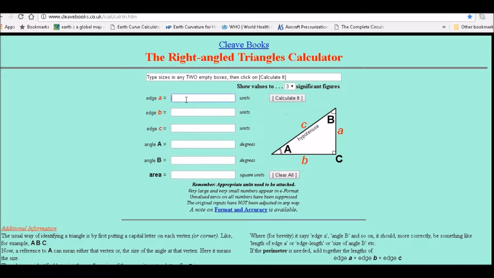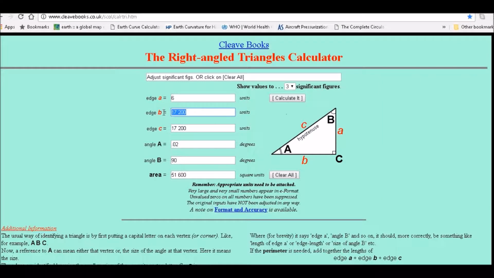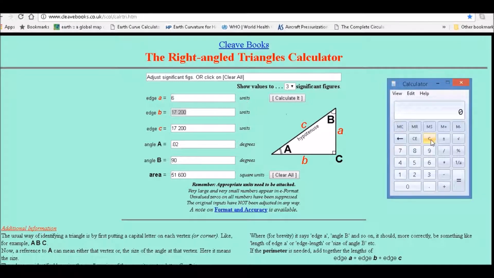We put in 6 for side A and then 0.02 for angle A, which is our angular resolution limit, and we come up with 17,200 for the base, and when we divide that by 5,280 feet per mile, we get 3.25 miles.